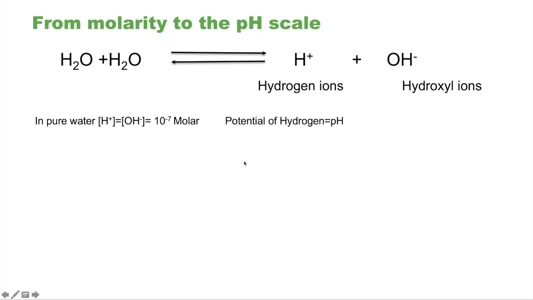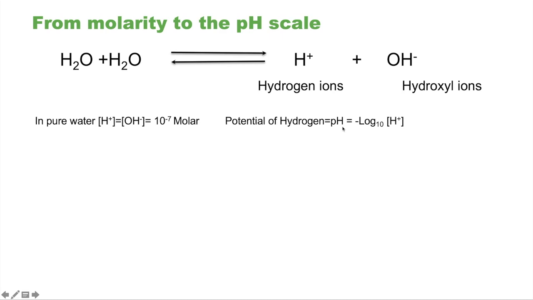That's kind of cumbersome. So scientists decided to make keeping track of the hydrogen ion concentrations a little more manageable. That's why they developed the potential of hydrogen, which we call pH.